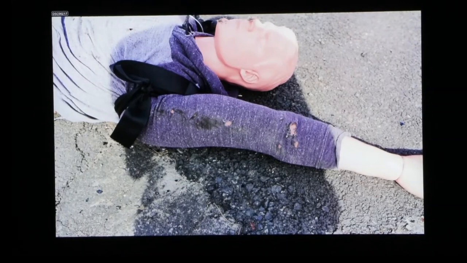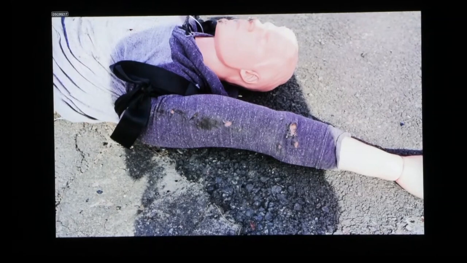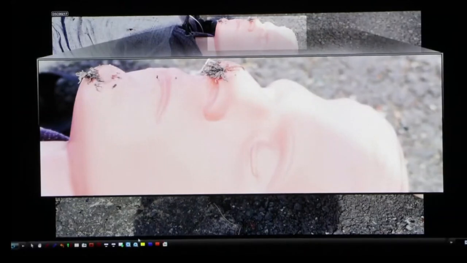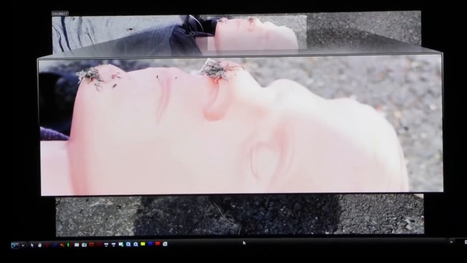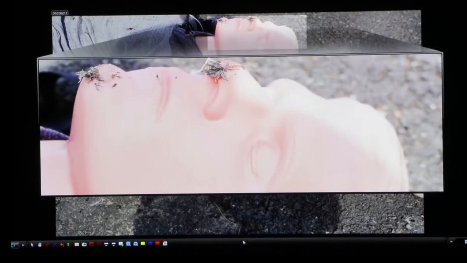It doesn't appear so in this photograph, no. Can we highlight the face? What about there? Sorry, I thought you were talking specific to the clothing. Yes, as I mentioned on Friday, there were signs of road rash to the body of the dummy itself on the face and on the torso and arms.